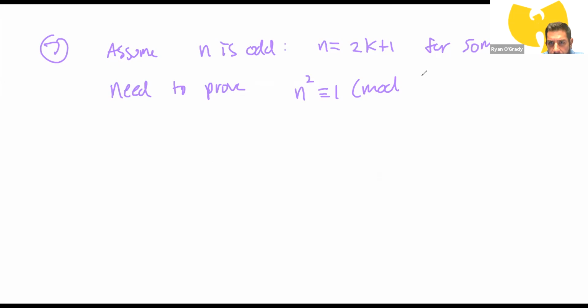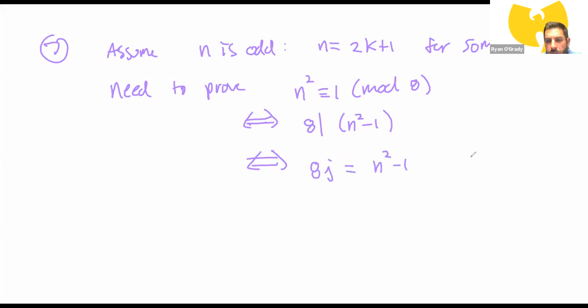Now, oftentimes it's a little easier to rewrite this in a more familiar language. That means that 8 divides n squared minus 1. And another way to write that is that 8 times j is equal to n squared minus 1 for some j.